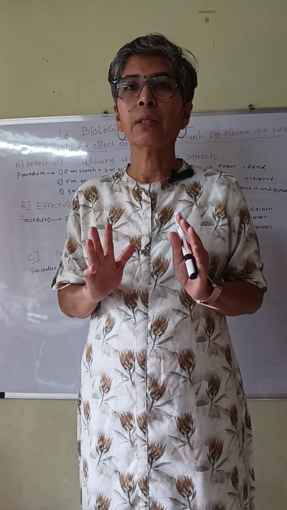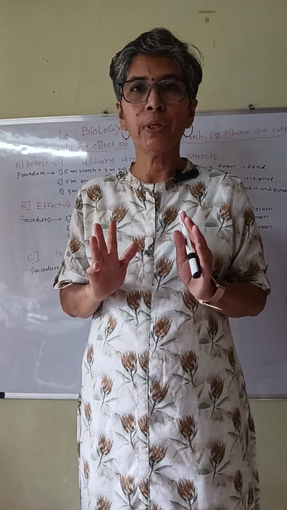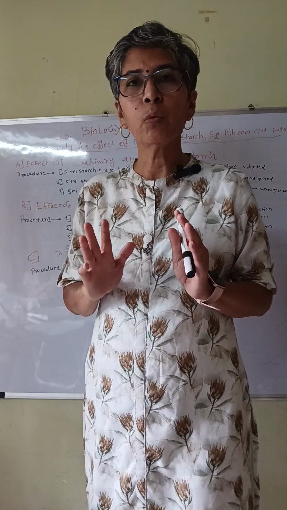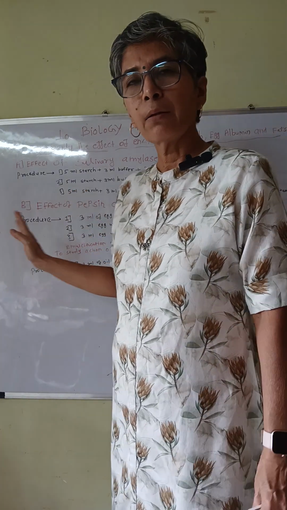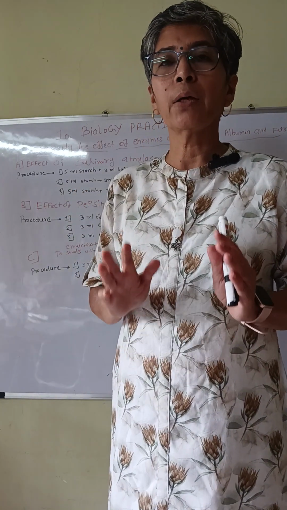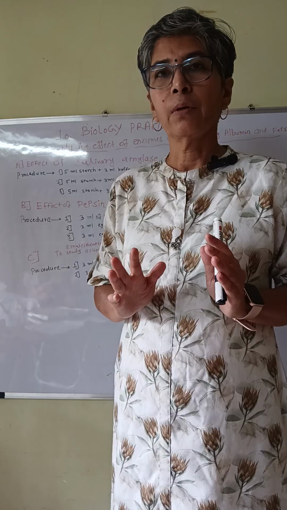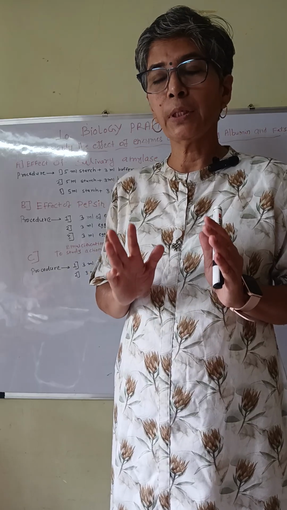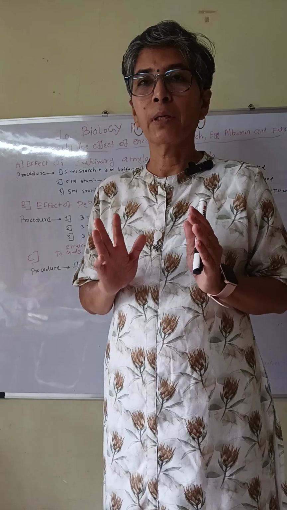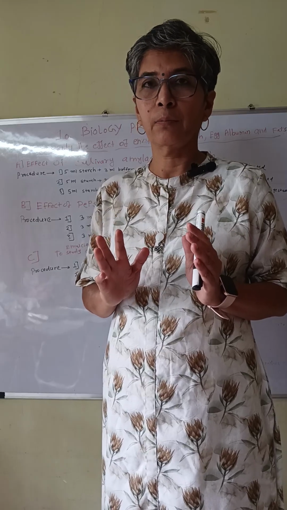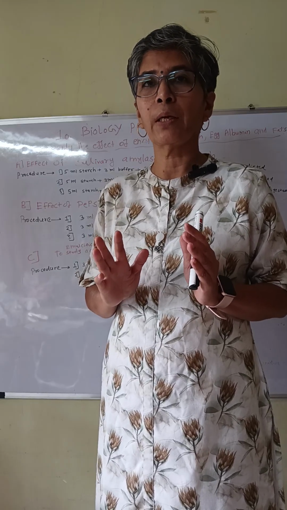This process is for 10 to 15 minutes. Then remove the test tubes and add Lugol's iodine solution. Lugol's iodine solution is an indicator for the test of starch present in the test tube.